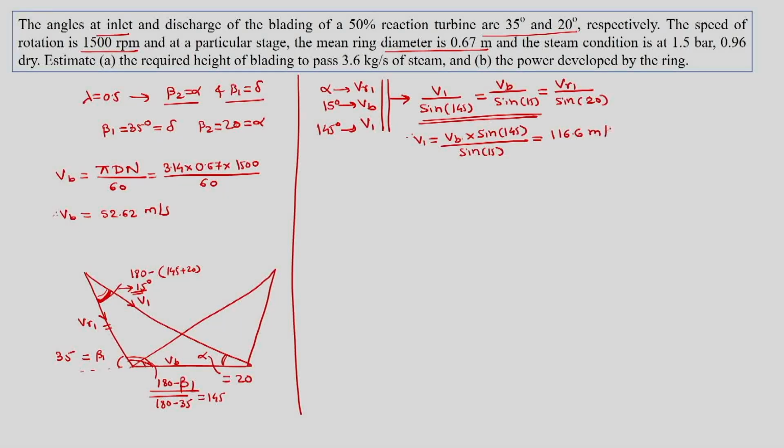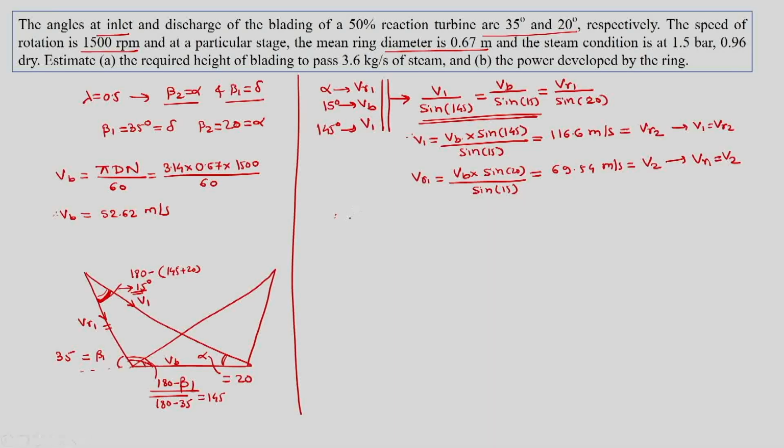So we can get V1 from here as 116.6 meters per second, but it is lambda of 50%, so this is equal to VR2. Since we know V1 is equal to VR2, we can find out VR1 from here as VB into sine of 20 divided by sine of 15, and this gives us VR1 as 69.54 meters per second, but this is equal to V2, since for 50% reaction VR1 is equal to V2.